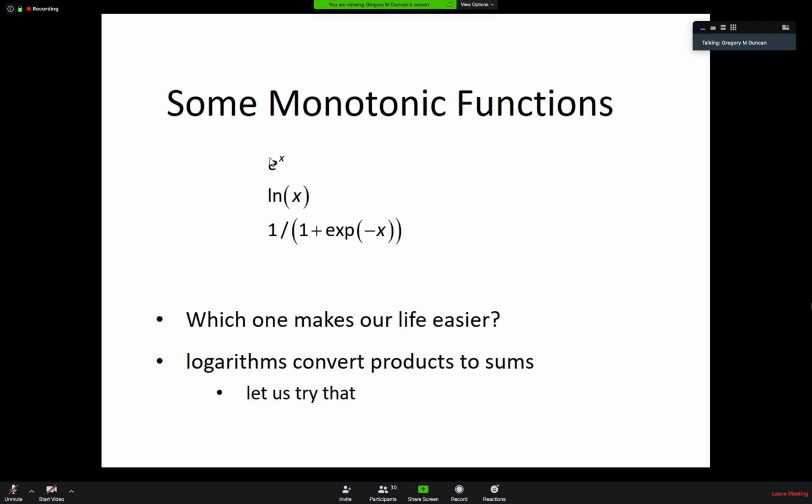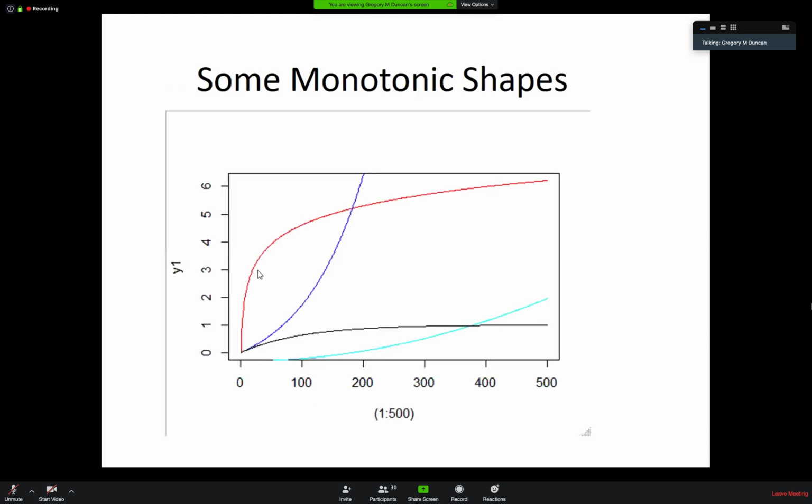So we had e to the x, we had log x, we had this function, which is going to become one of our workhorse functions. And what they all have in common is they are increasing. This is increasing, but it flattens out at 1.